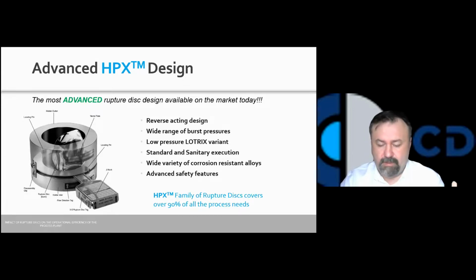Anything from what is becoming standard, 316 stainless steel, up to pure elements like tantalum, for example, for highly corrosive processes like bromine processes. That's something we would use to mitigate the effect of corrosion, and it will have a direct correlation to the longevity of the rupture disc in the process.